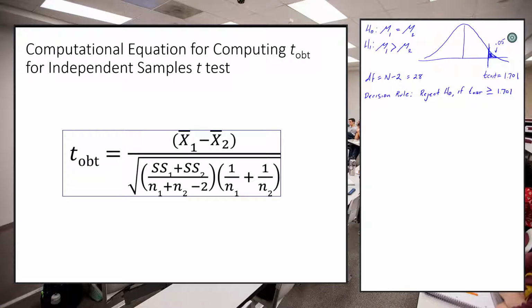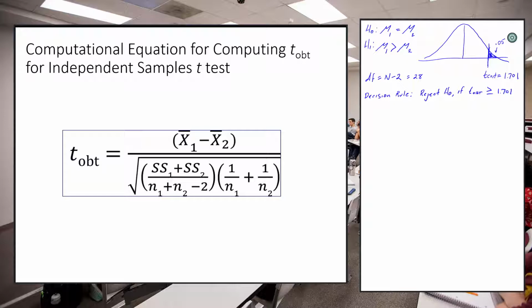We've got t obtained is equal to the difference between the two means divided by the square root of the sum of squares of sample 1 plus the sum of squares of sample 2 divided by the number of people in sample 1 plus number of people in sample 2 minus 2 times 1 over n plus 1 over n, the little n's representing their respective samples.